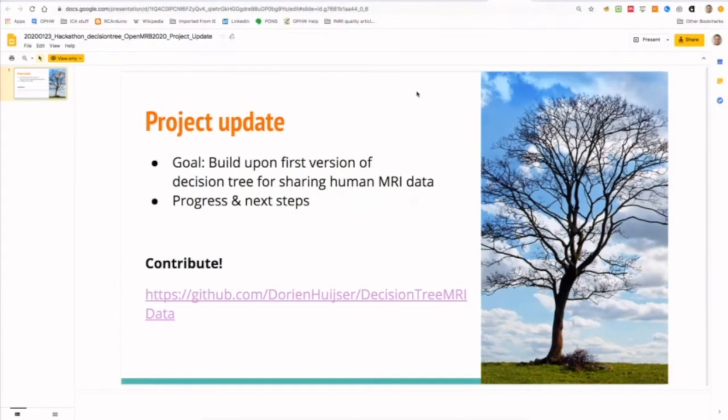There is a GitHub repo, which only contains a README file now, but we're getting there. If you want to contribute, you can go there, and I've put some links in there that you can use. You can also contact me if you want to contribute. So that was my update.